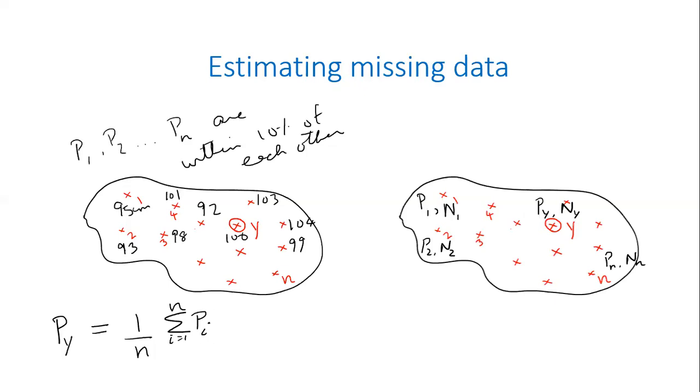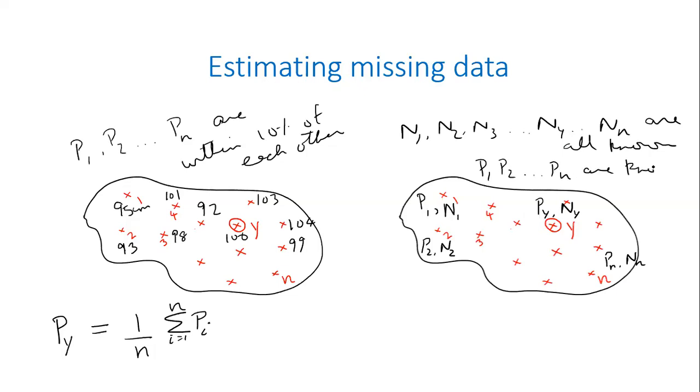So I'll write it over here. N1, N2, N3, Ny, and Nn are all known. P1, P2, Pn are known. Py, how to find out? That's the question.